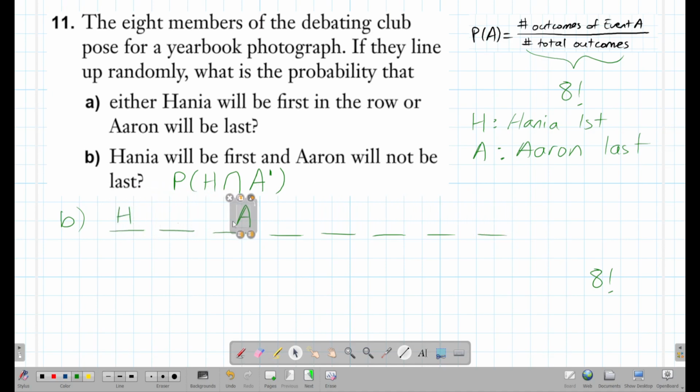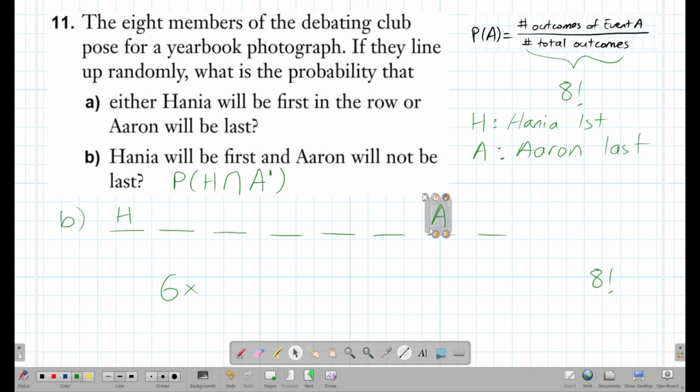So now we need to think about how many positions Aaron can be in. And the answer is 6. He can either be second last, third last, fourth last, and so on. He can't be here and can't be here. So for Aaron, we have 6 possibilities.